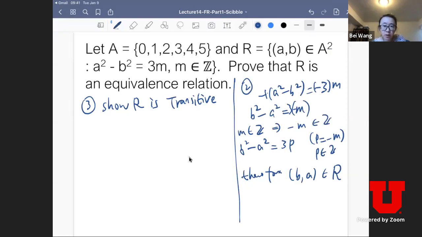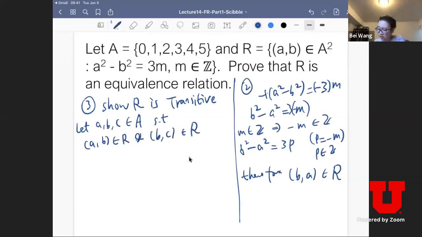Okay. So now let's look at, we want to show R is transitive. What we have is, I have 3 elements in my set, such that A, B is in R and B, C is in R. And we want to show that A, C is also in this relation.